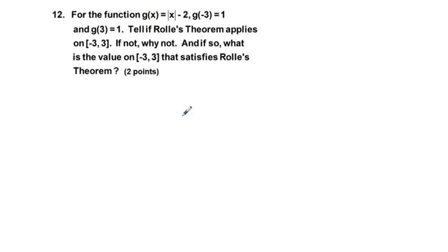For the function g of x equals the absolute value of x minus 2, g of -3 equals 1, and g of 3 equals 1. Tell if Rolle's theorem applies. So since g of 3 equals g of -3, then Rolle's theorem applies.